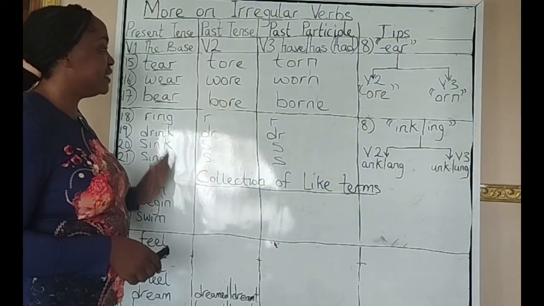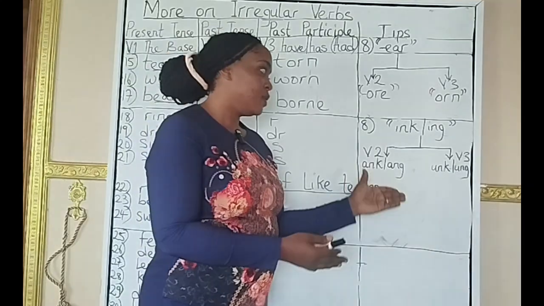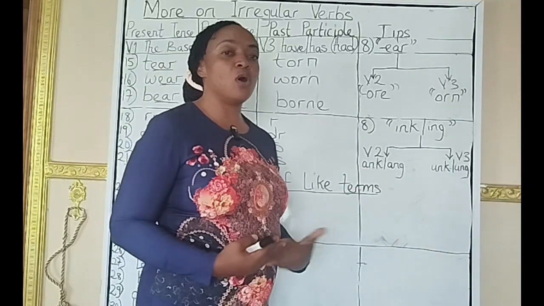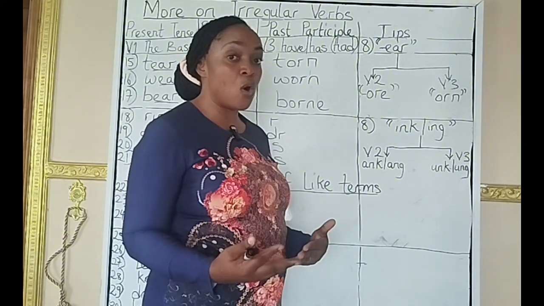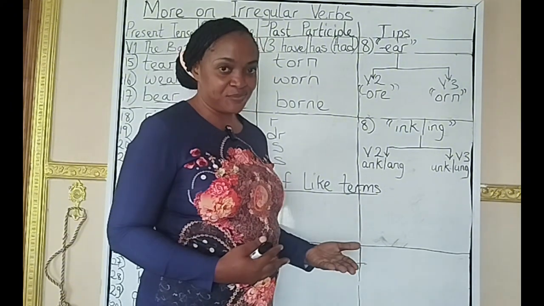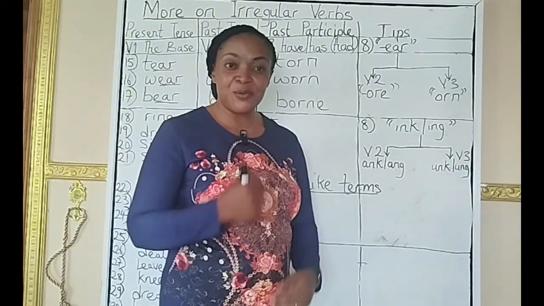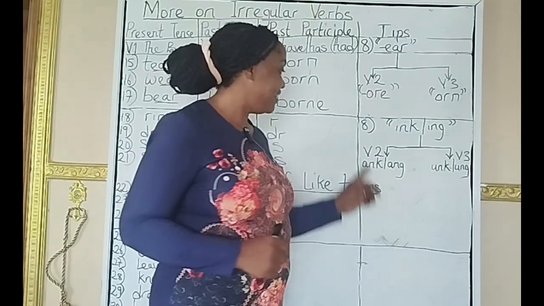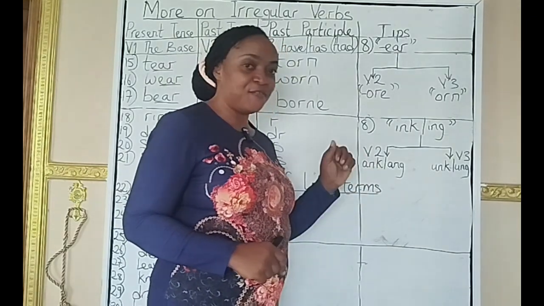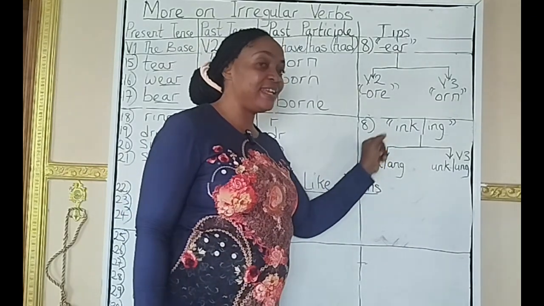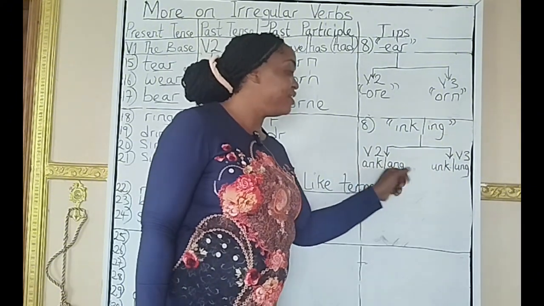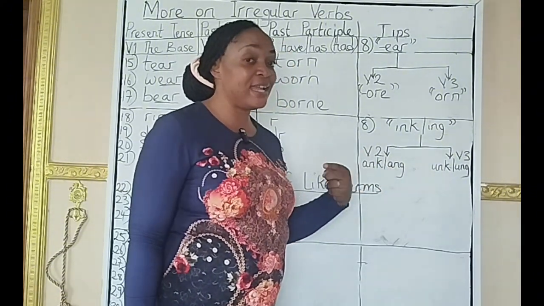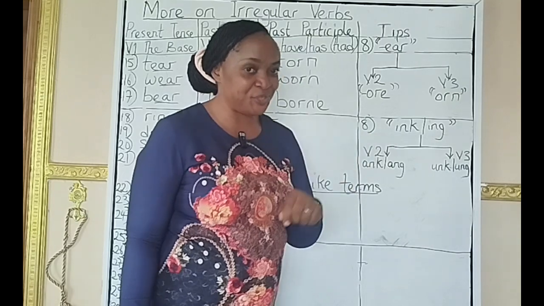We have the number 8, where I brought out verbs that will always end with INK or ING. In this case, we are asked to add ANK for the ones that end with INK at the level of the past tense, and ANG for the ones that end with ING.